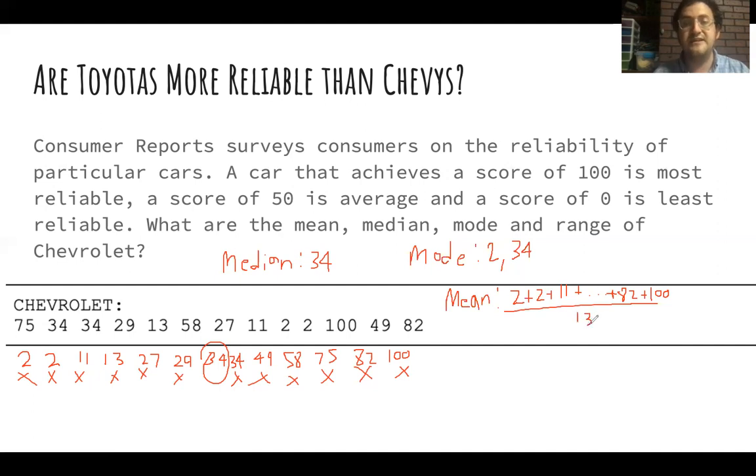So we got 13 data points here. And when we do that, we get a total of 516 over 13, making our mean about 39.7.